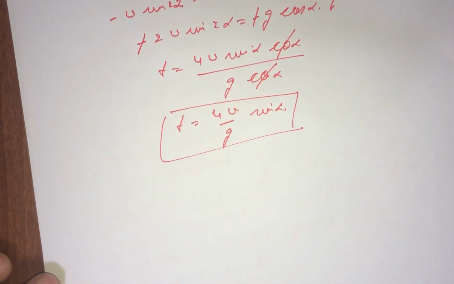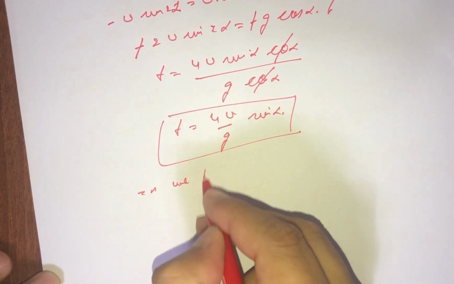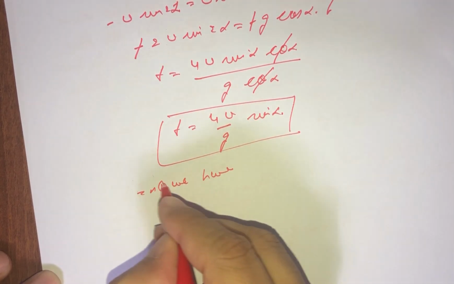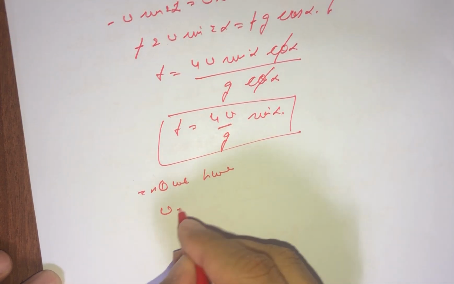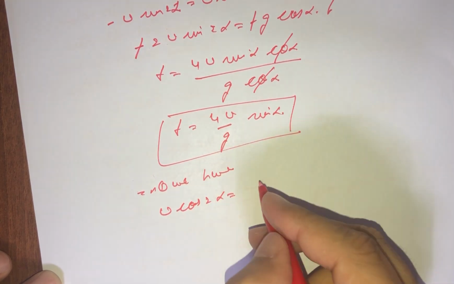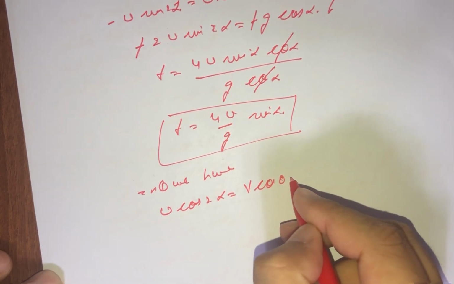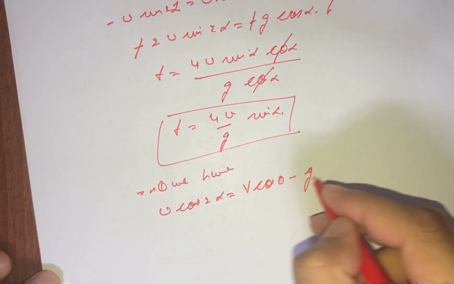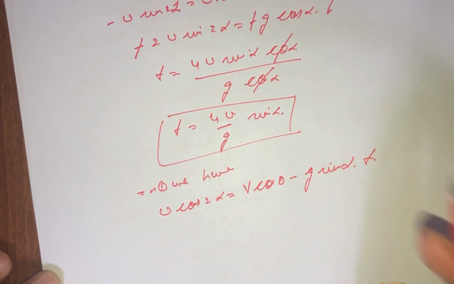So now we are going to consider equation 1. So from equation 1 we have v cos 2 alpha is equal to v cos theta minus g sine alpha into t.